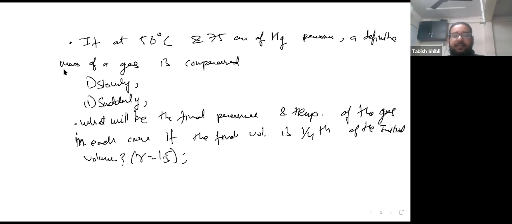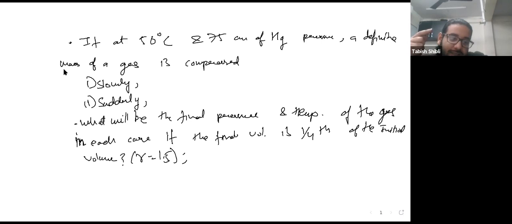So if at 50 degrees Celsius and 75 centimeter of mercury pressure, so centimeters of mercury is also a unit of pressure that one uses other than bar and Pascal. A definite mass of a gas is compressed. So let's say some mass M is compressed, first of all slowly and secondly suddenly. What is the difference between the two?